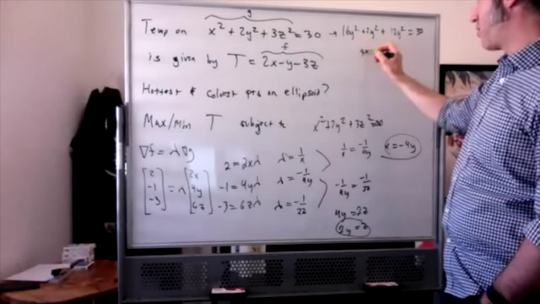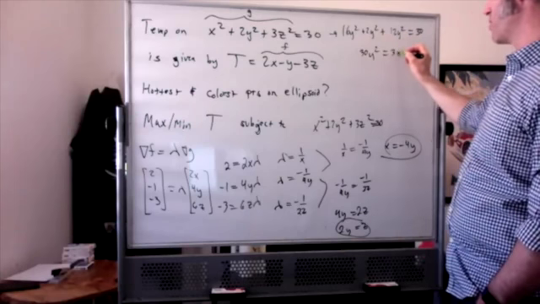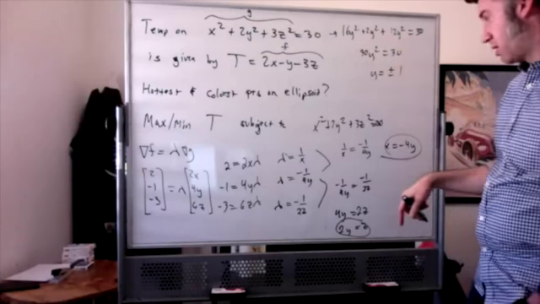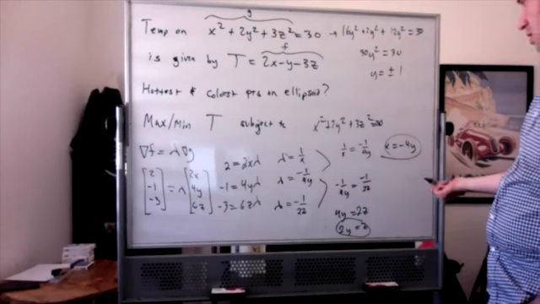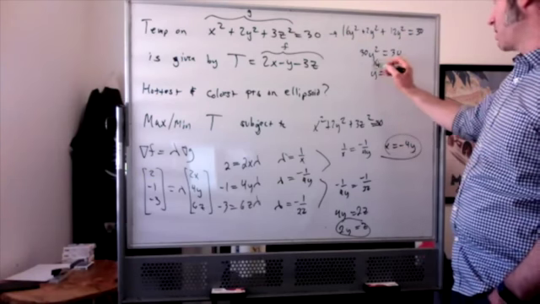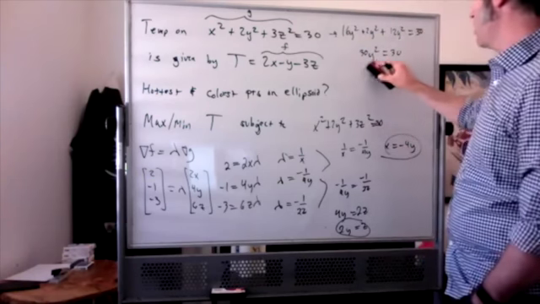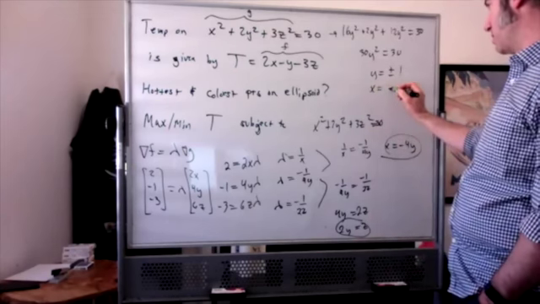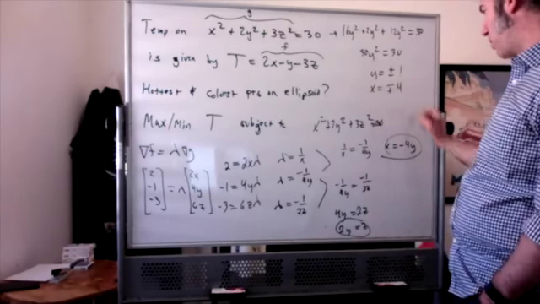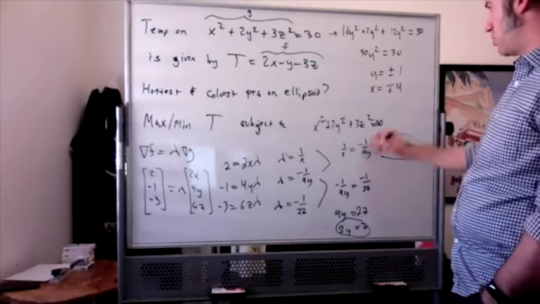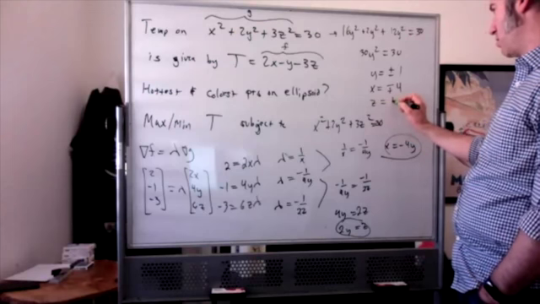So I get 30y squared equals 30, so y is plus or minus 1. Then x is going to be the opposite sign, minus or plus 4, because x is negative 4y, and z is 2y, so z is plus or minus 2.